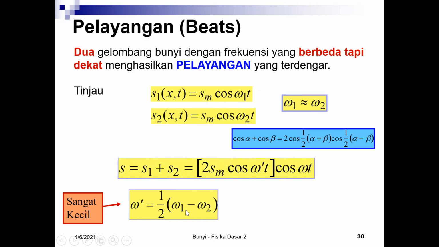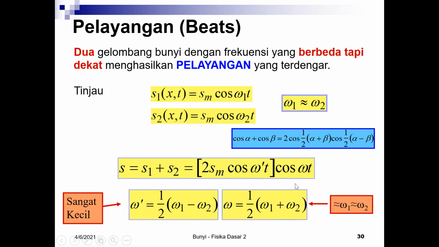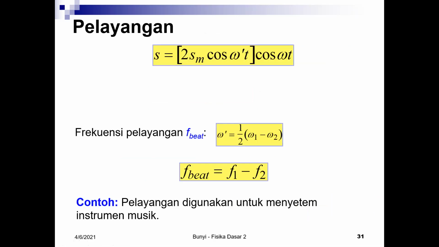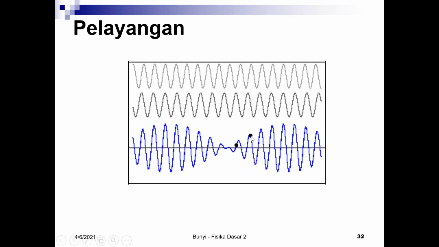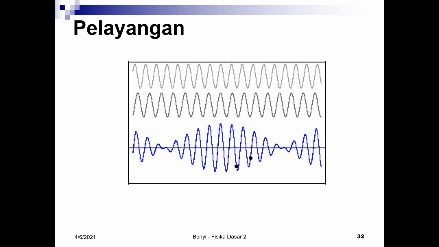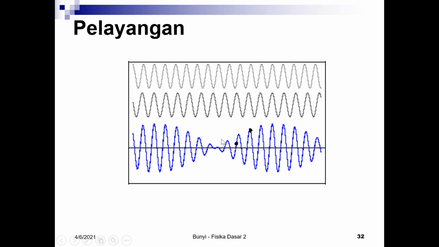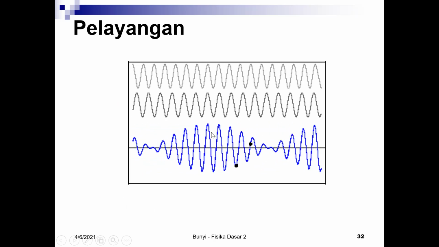If omega 1 equals omega 2, it should be constant, and this is the higher frequency, omega. So the frequency of the beats is F1 minus F2, from this F prime. This is the example of the beats: sometimes destructive and sometimes constructive interference.